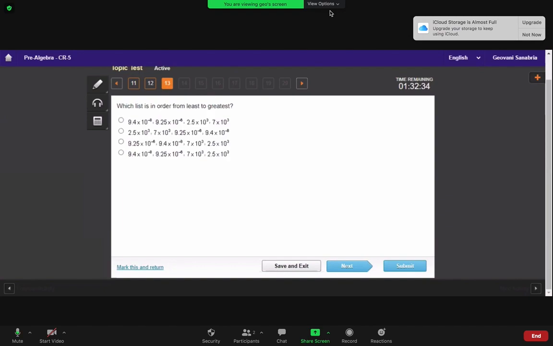And then the next one is only like 6 or 5 zeros before you get to a number. So the first two are in the correct order. The last two are not in the correct order. Because the 10 to the third and the 10 to the third are the same, you can just compare directly the 7 and the 2.5, and those aren't in the correct order.